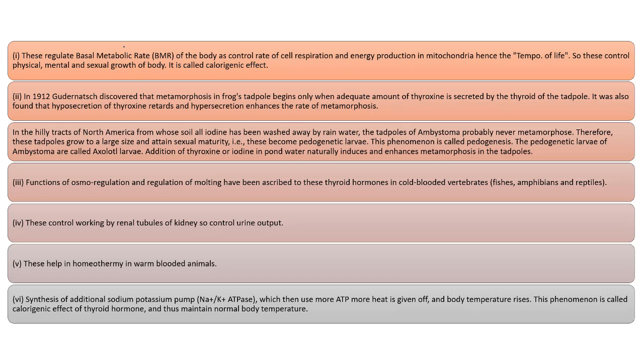They regulate the basal metabolic rate of the body. BMR basically controls the rate of cellular respiration and energy production in mitochondria, and hence is known as the tempo of life.